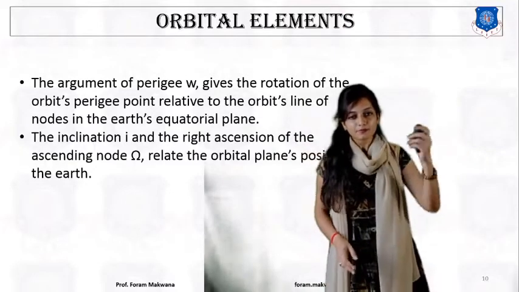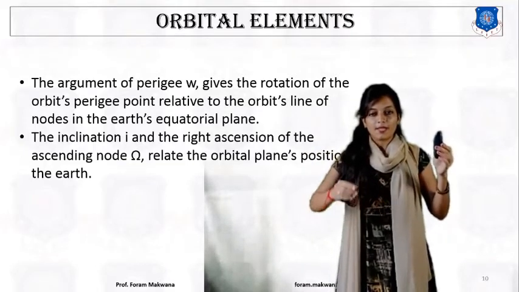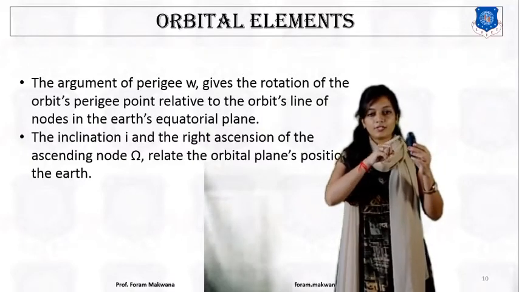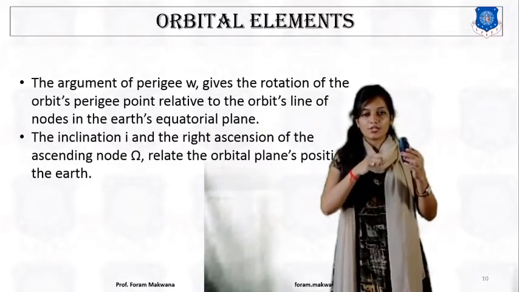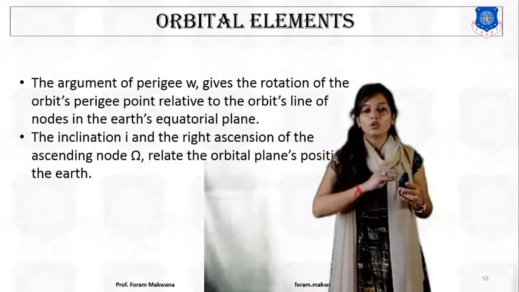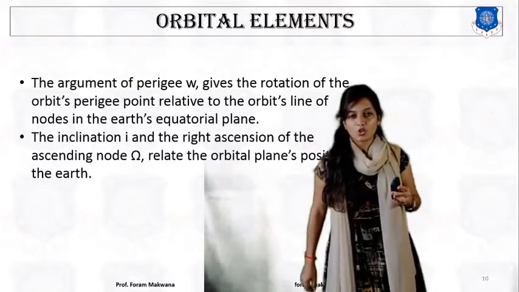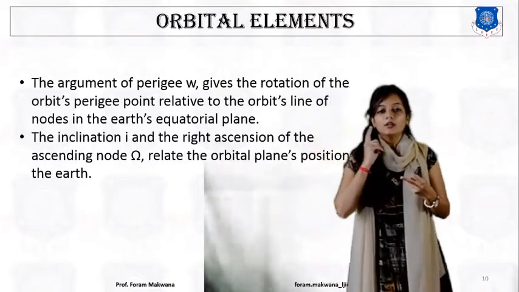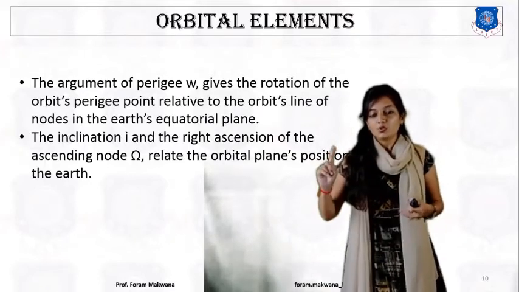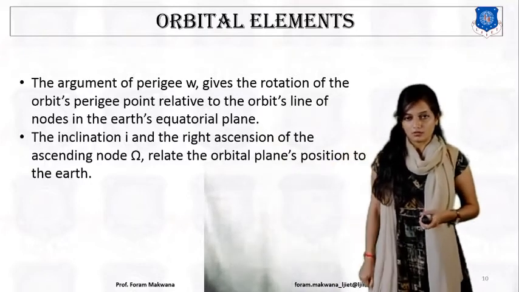We know that if this is my Earth and if this is my orbital plane, the angle between these two is called the inclination angle. So the inclination angle must be measured with respect to the equatorial plane of the Earth. So for the geostationary orbit, the inclination angle will be 0 because the geostationary satellite lies on the equatorial plane of the Earth.